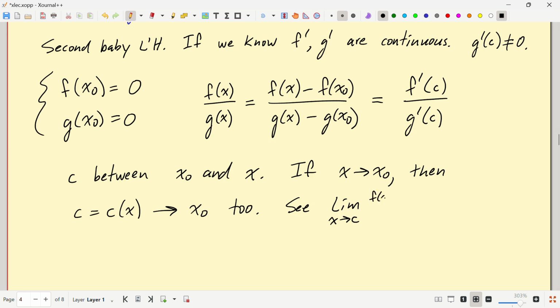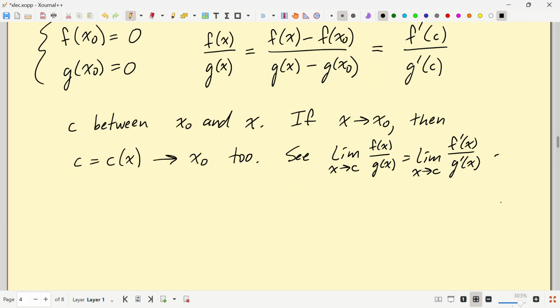The limit of f of x over g of x is equal to the limit as x tends to x naught of f prime of x over g prime of x. And that's a pretty simple proof once you understand the Cauchy mean value theorem.